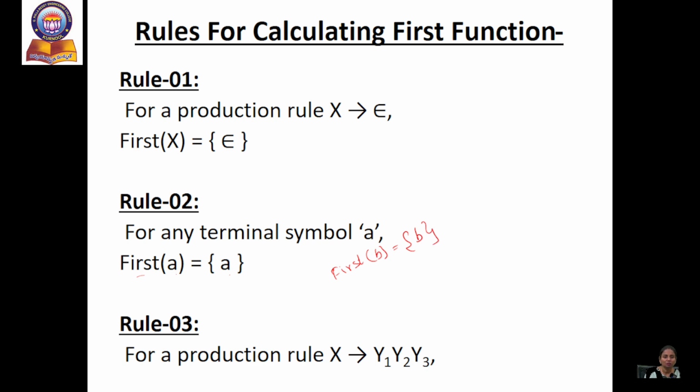Coming to the third rule, suppose a non-terminal derives a set of other non-terminals. Here X is a non-terminal and it derives Y1, which is also a non-terminal. In such cases, you have to consider the first of that non-terminal in the given grammar.